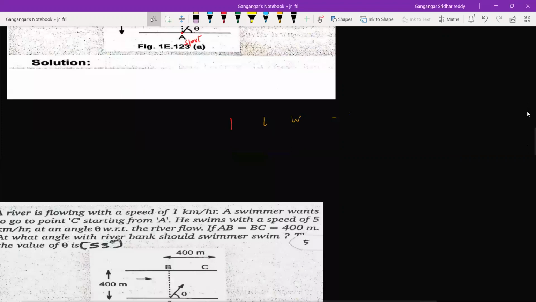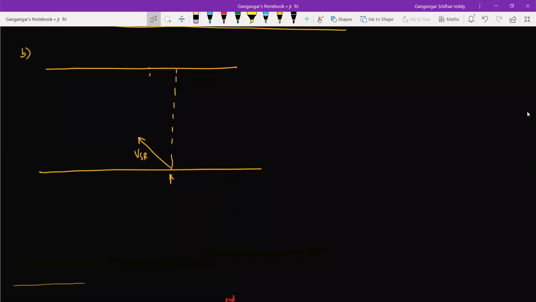Okay, in the second situation, there is an angle theta, a width, and a velocity of the river.